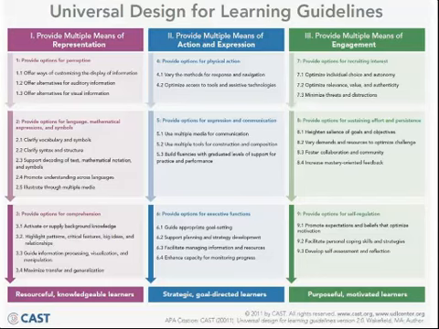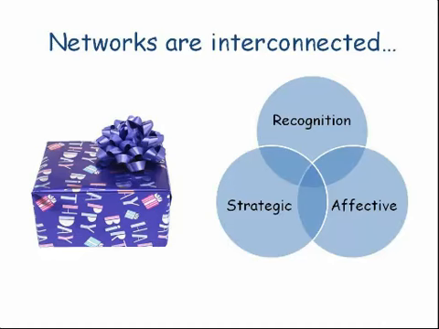Again, if we look at networks are interconnected, when we look at our strategic network, our recognition network, and our affective network, these are all brain-based research strategies to help us understand and comprehend and apply content in the area that we're looking at. So that's how we can utilize the three parts of our brain to really gain a better understanding and to learn better.